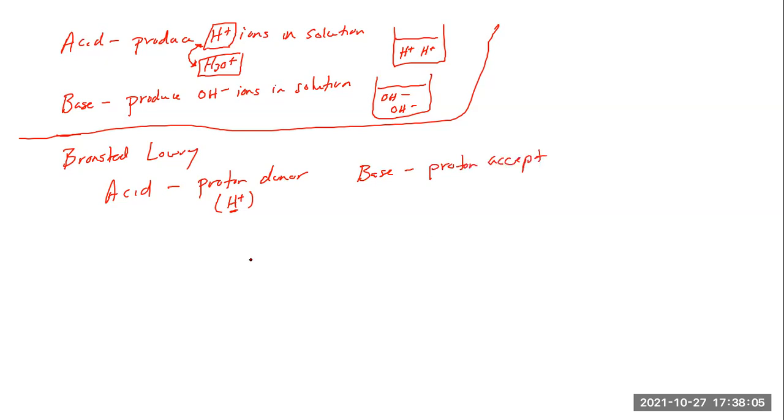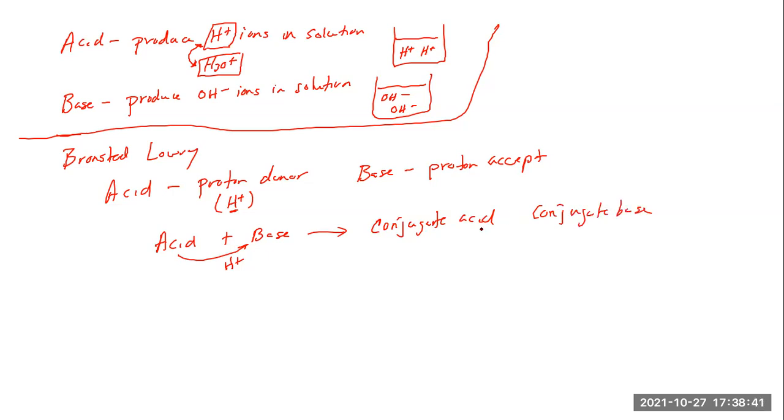And the consequence of the Bronsted-Lowry definition is that we end up with partners on opposite sides of the arrow. So when we have an acid plus a base, the acid donates the H plus over to the base, and we create what's known as the conjugate acid and conjugate base.